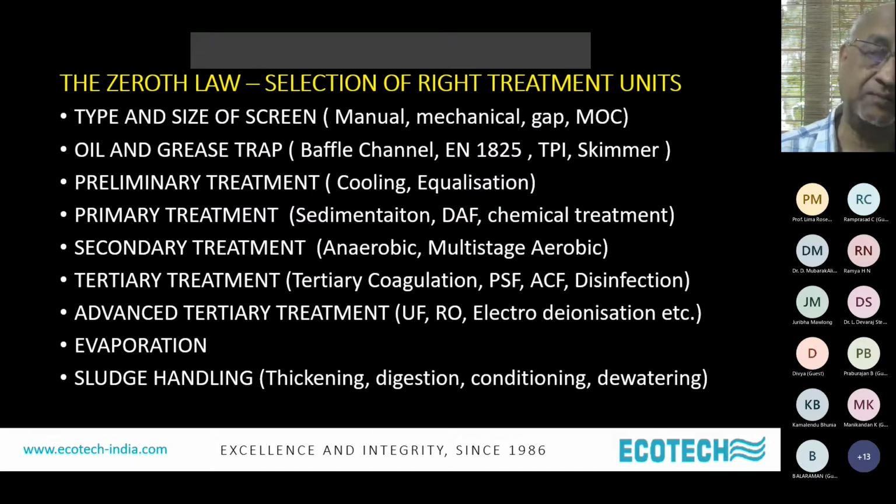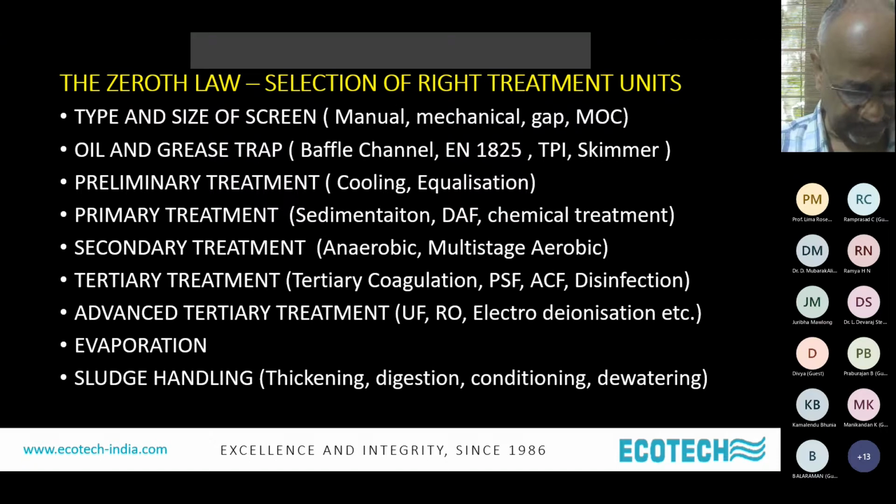And whether you need to have a mechanized skimmer, an endless belt skimmer, which automatically removes the floated oil, or it can be a manual oil removal system. Again, it all depends on the quantum and quantity of oil and grease you expect to come out of the treatment plant.